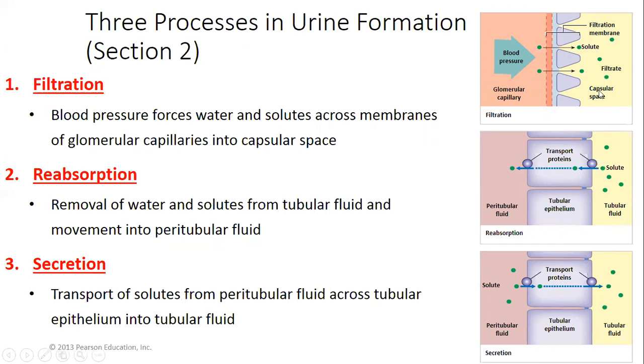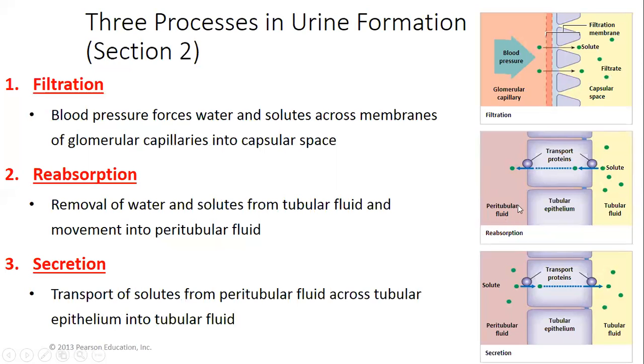As that filtrate makes its way into the renal tubule, the first place it hits is the proximal convoluted tubule, where mostly reabsorption occurs of a lot of the water that made its way out of the glomerulus and into the capsular space. Water gets sent back, and along with water, some transport proteins can send solutes back into the blood. It says peritubular fluid.